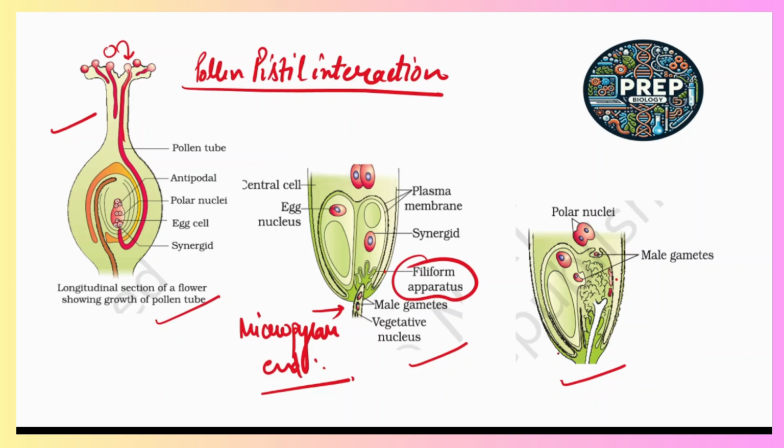With the help of the filiform apparatus, the two male gametes enter the cytoplasm of the synergid cells. This diagram shows the male gametes entered into the cytoplasm of the synergid cells, and then fertilization takes place. Now let's continue with double fertilization.